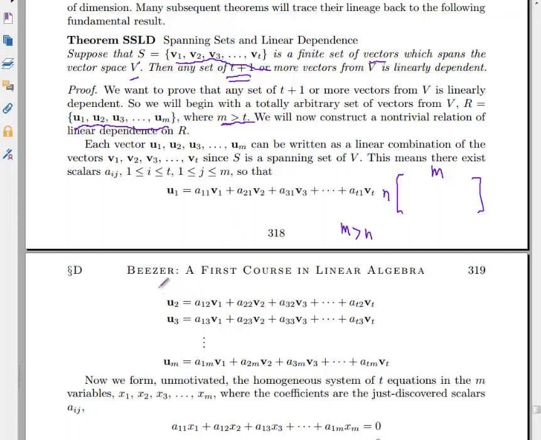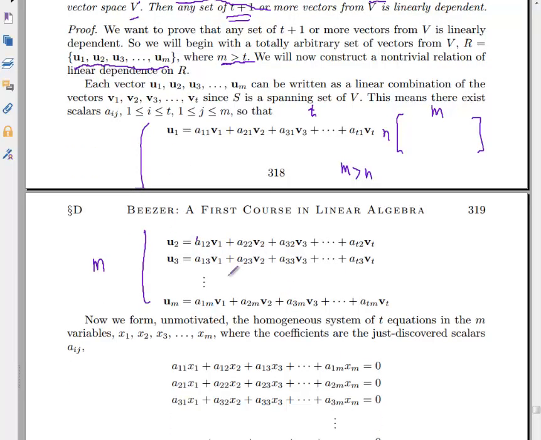So I can write every vector u as a linear combination of the vectors v. All right? So notice here I have m equations and I have t variables.